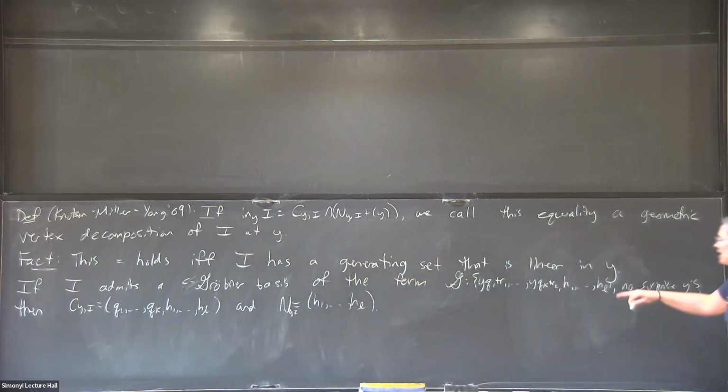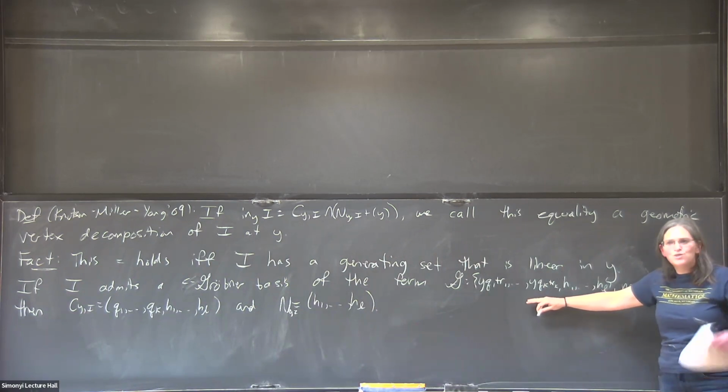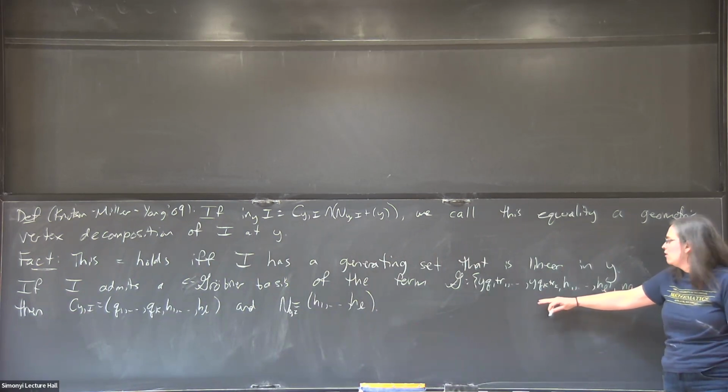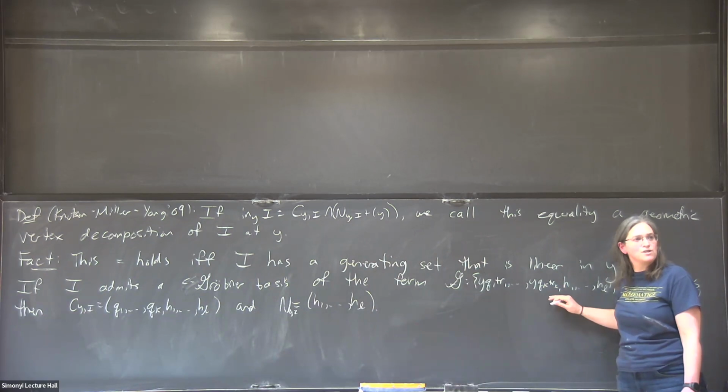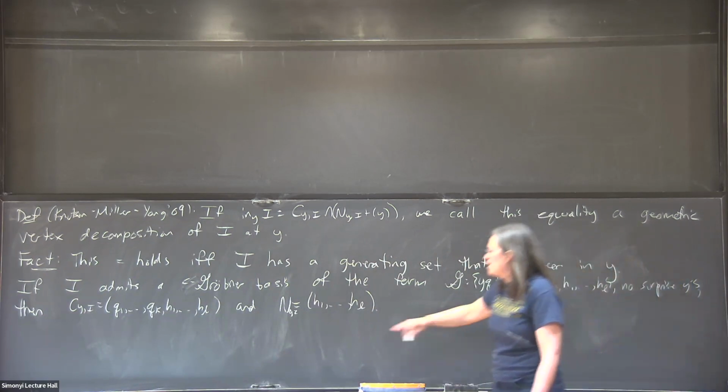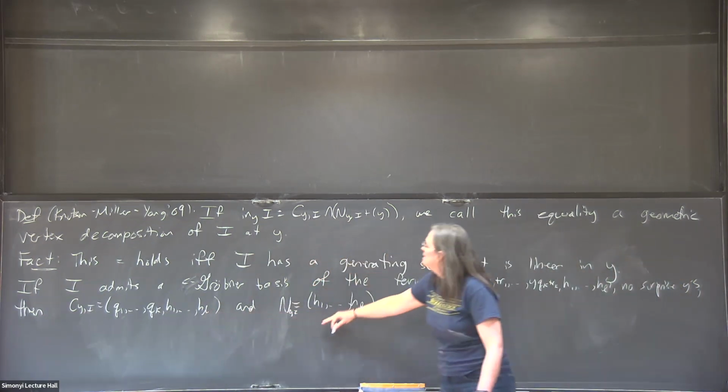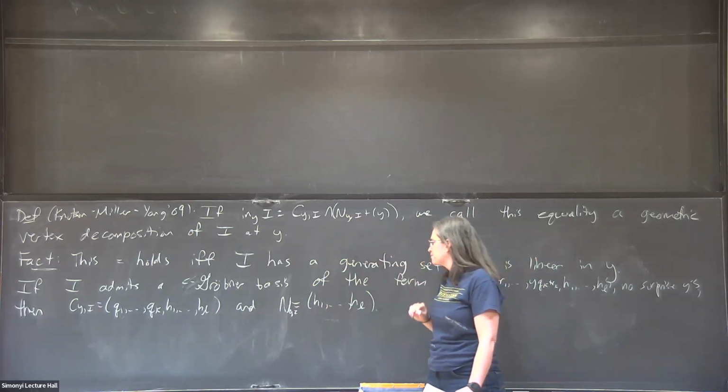So if you have a generating set of this form, then doing the Gröbner basis computation on a y-compatible term order will give you a Gröbner basis of this form. And then once you have these, this equality is clear.